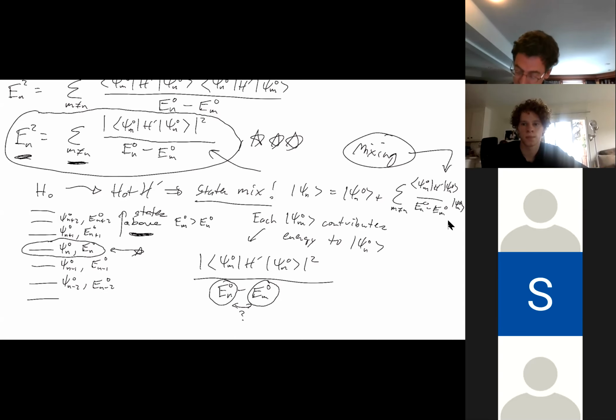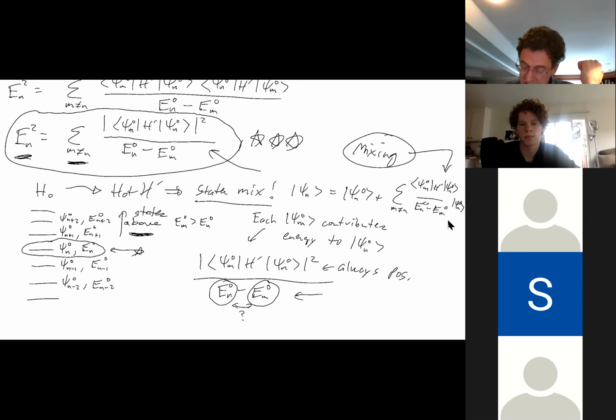And so what can I say about the denominator? Well, first, what can we say about the numerator? What is the sign of the numerator, the thing on top? Positive. Always positive. But the denominator is not always positive.